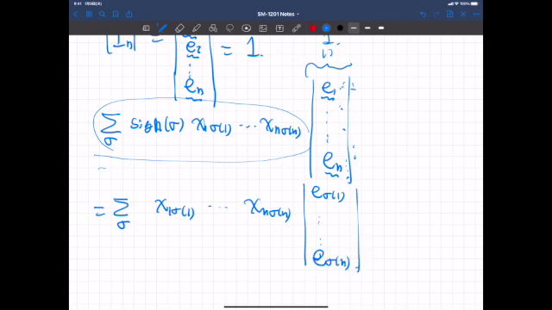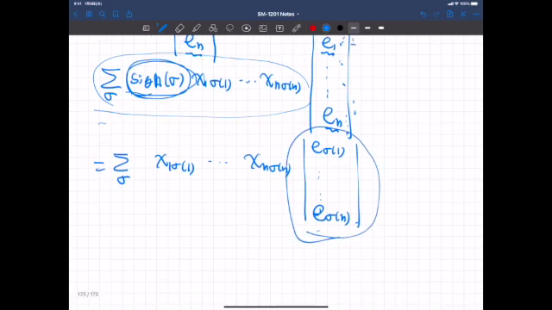Okay, so since we changed the order of these rows, we must change the sign of this. But that sign is the same as this sign. So now we can get rid of this sign symbol from this summation. That is kind of absorbed into the determinant here.